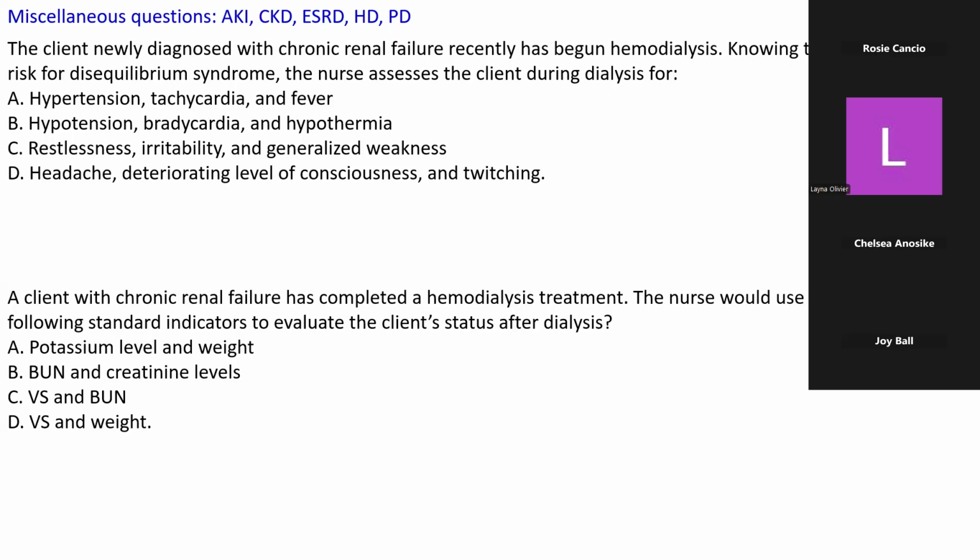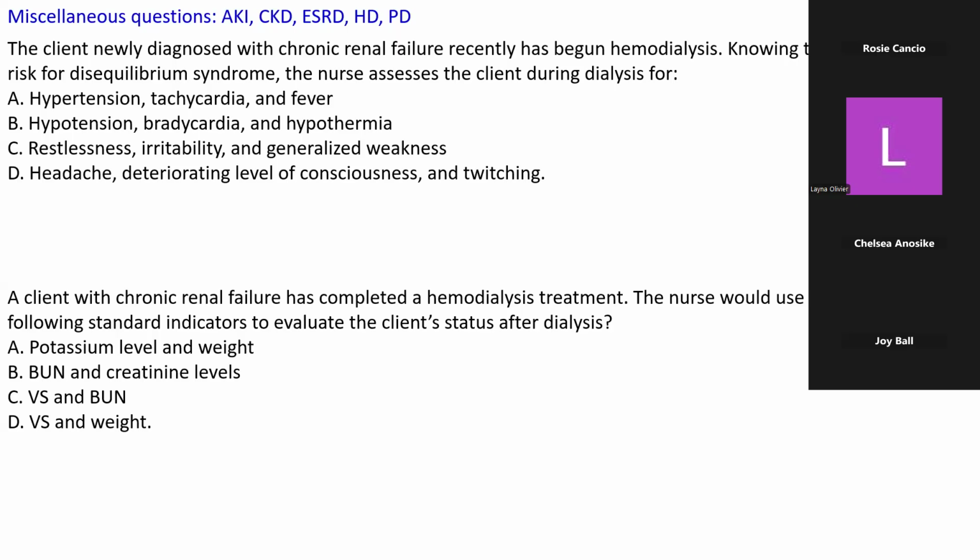So whenever you see seizure activity or muscle twitching, headache, mental confusion, change of level, which is decreased or deteriorating level of consciousness, these are all classic signs of this equilibrium syndrome.